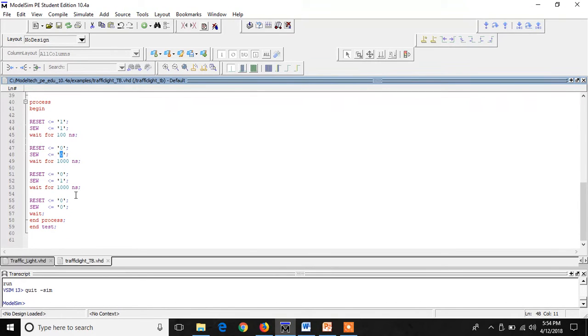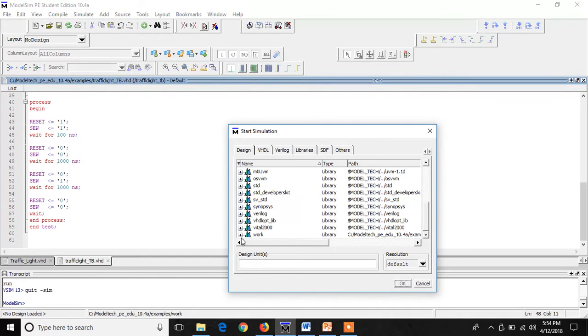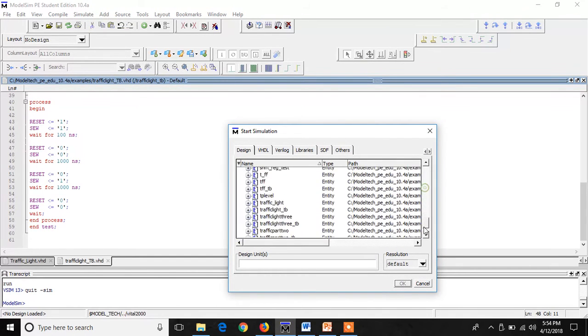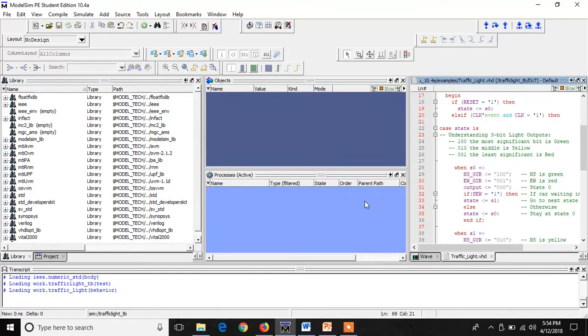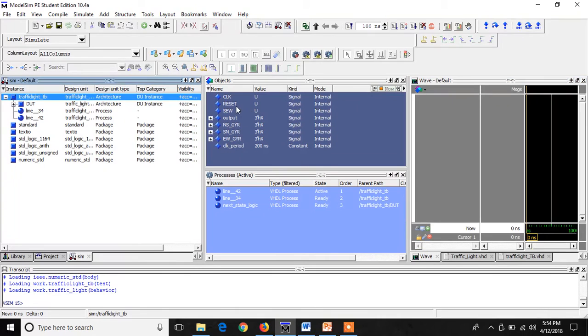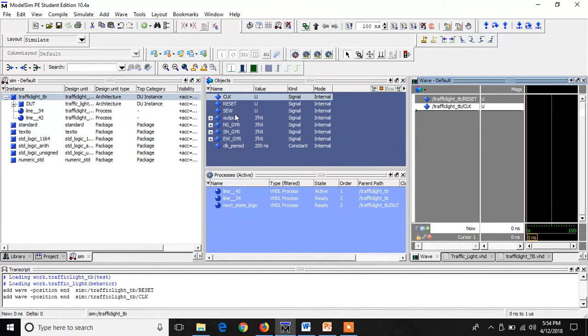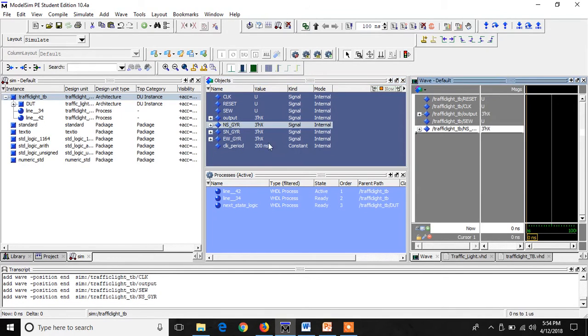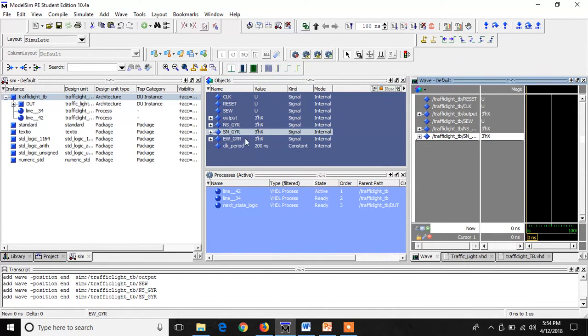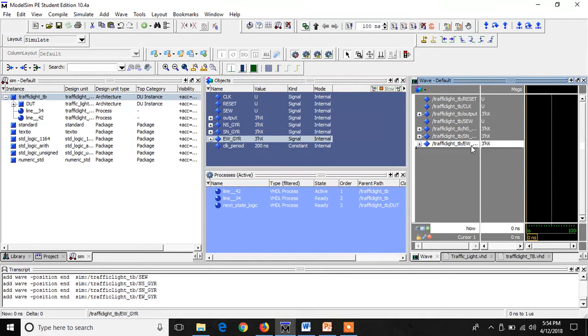the green, yellow, red lights. So I'll just show you this in simulation. I'm going to import reset, clock, output, the sensor, north-south lights, and east-west lights.